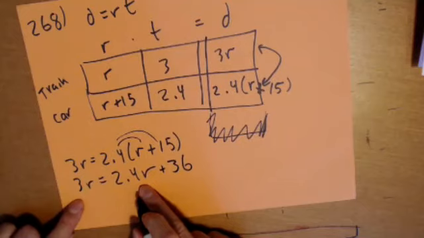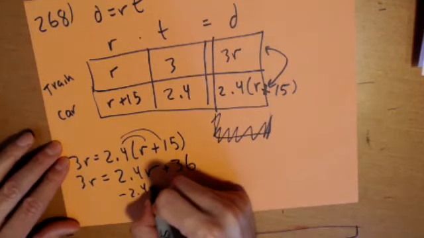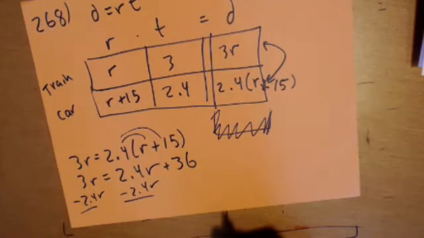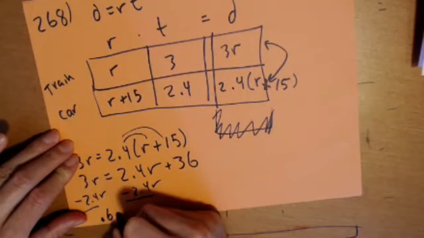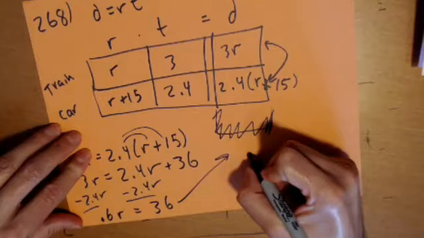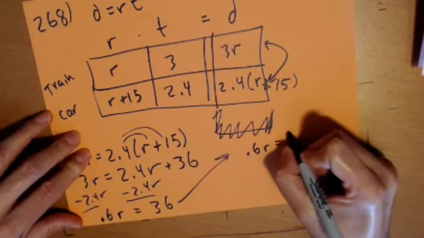3R, 2.4R, so let me subtract 2.4R, subtract 2.4R. So 3 minus 2.4 is 0.6. So 0.6R is equal to 36. Bring it over here. 0.6R is equal to 36.